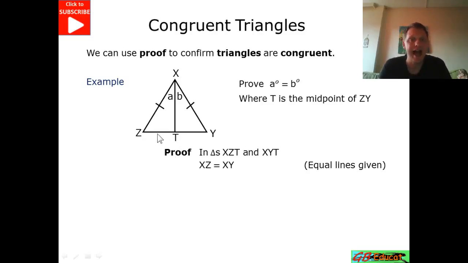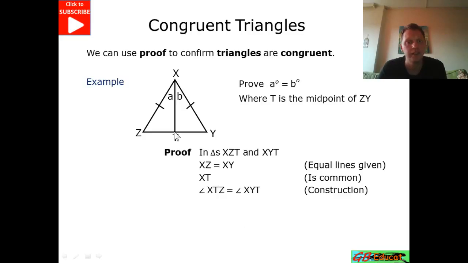XZ and XY are equal, and this is given within the problem. XT is common, so this line is common to them both, in which case this is the same length in both our triangles. And angle XTZ is equal to the angle of XTY. And this is because of construction, because what we've actually got here is an isosceles triangle.